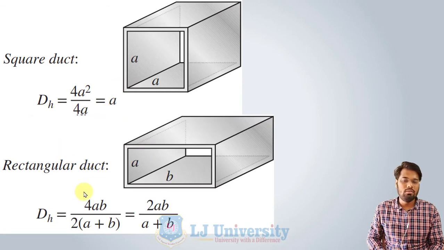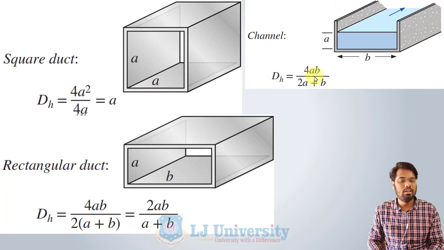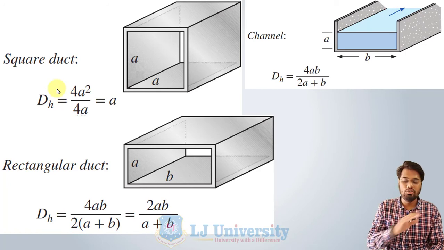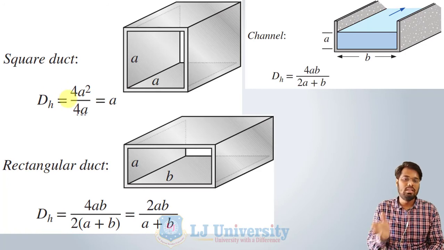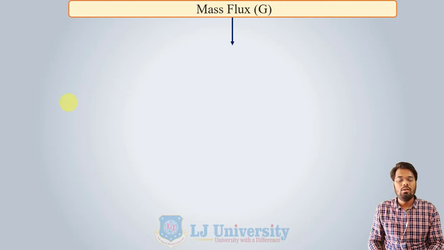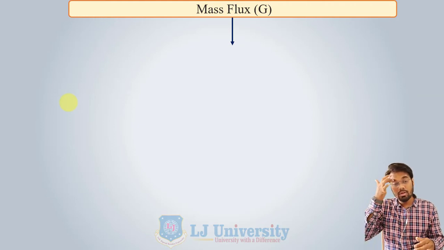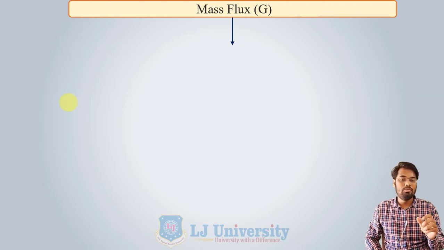For a rectangular duct, it would be 4 times area, which is a into b, divided by wetted perimeter, 2 into a plus b. So 2ab divided by a plus b. For this kind of channel, it would be 4 into a into b upon 2 into a plus b. So this is the equation for hydraulic diameter, which can be used for different duct geometries other than a circular pipe.